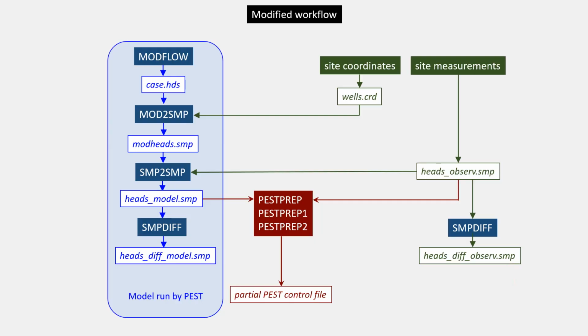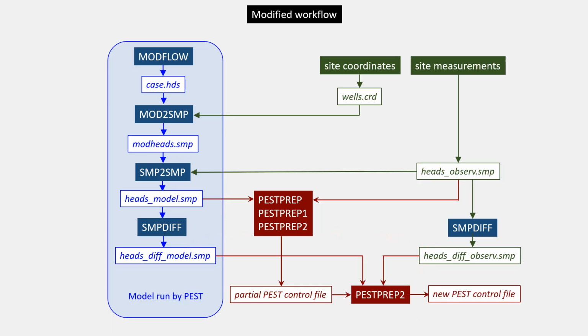Every time the model runs, it now reads the model generated counterpart to our field data and undertakes differences. So this file and this file are equivalent to each other. This is the model generated counterpart to field measured differences. We then use PEST-PREP2, which reads the partial pest control file we had written before and adds to that partial pest control file a whole lot of new data incorporating those differences of system states.